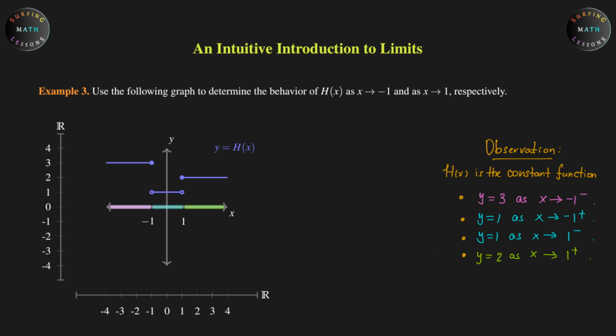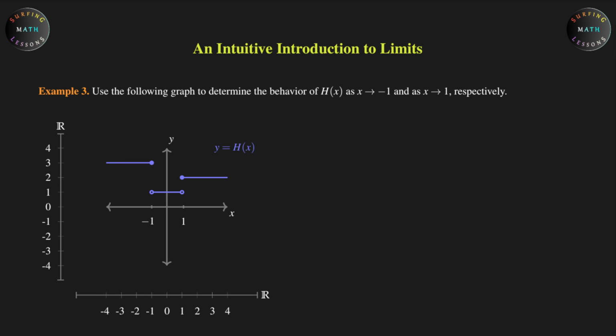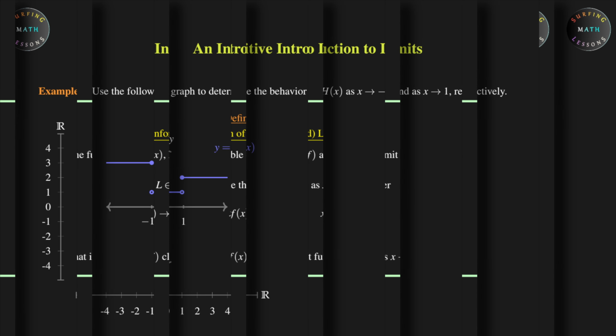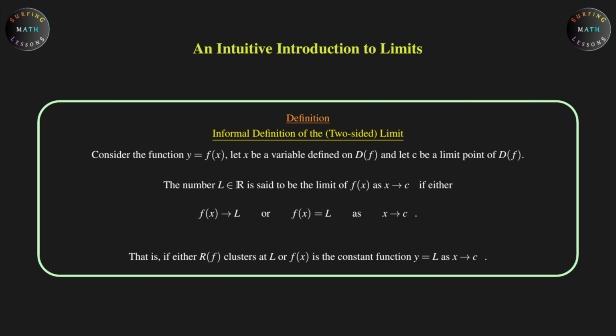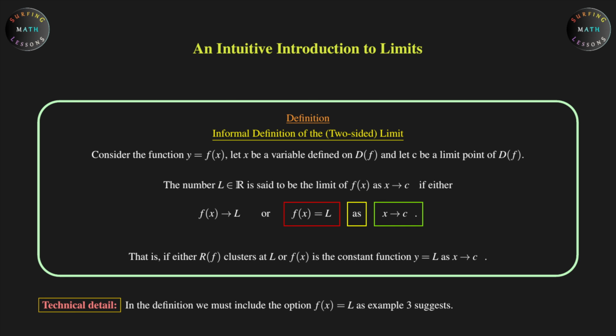As the goal is to understand a function's behavior during a clustering of its domain set around a limit point, we include the option of f of x is equal to L in the definition to account for functions like the one in example 3. I leave this here as a technical detail.